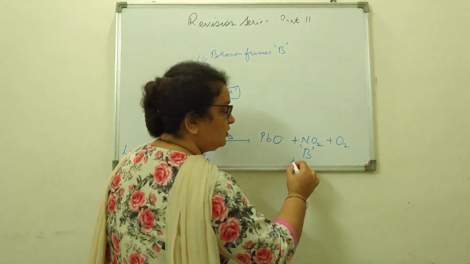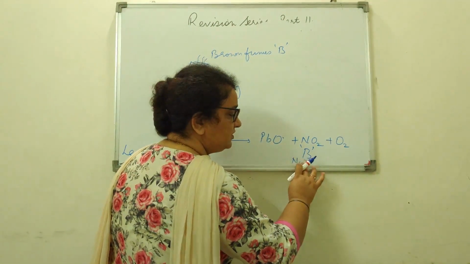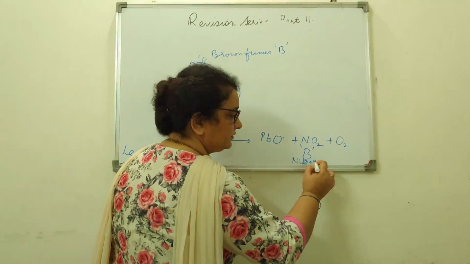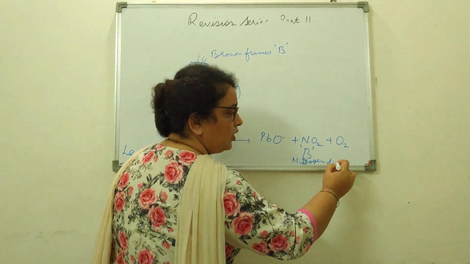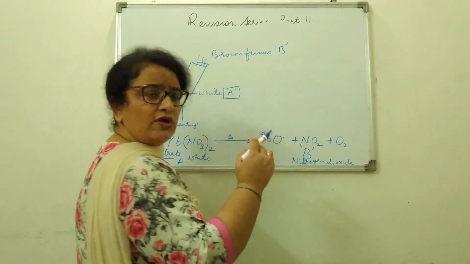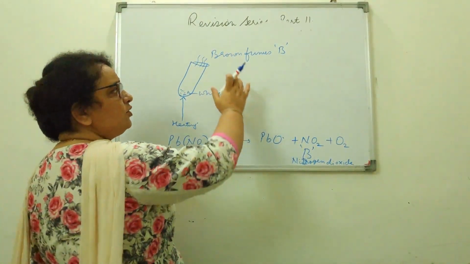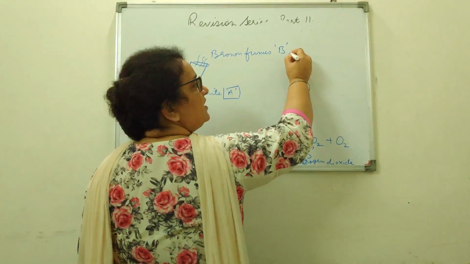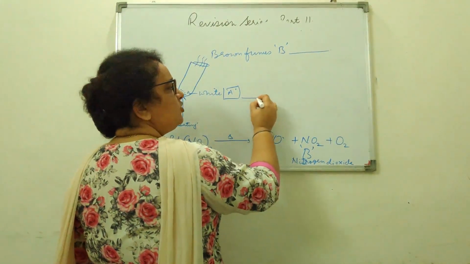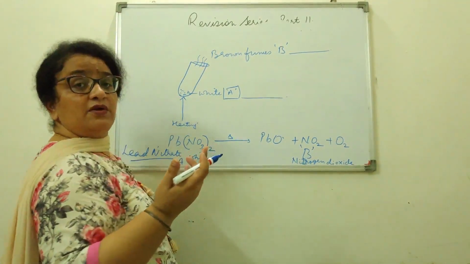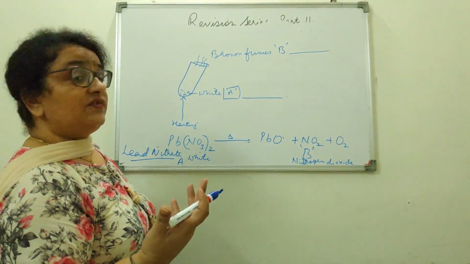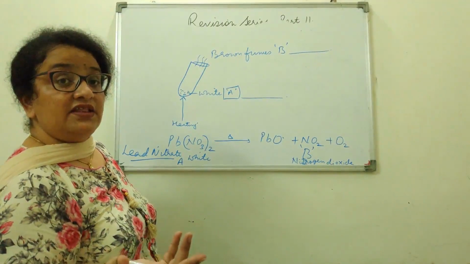You have to write the name also. And how to answer this? You can draw this diagram in your answer sheet, and here in B you can write this answer, A you can write this answer, and the next part of the question is identify the reaction and write the equation.